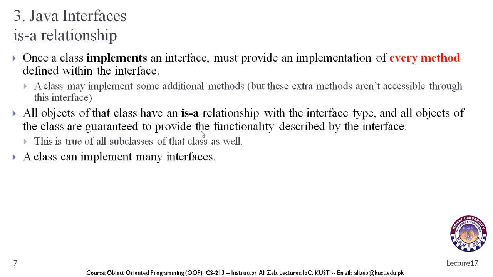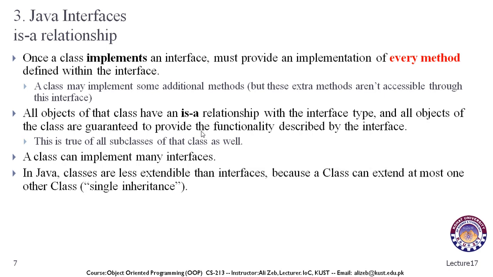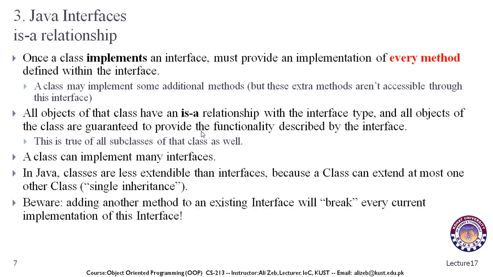But we can implement as many interfaces as we need. In Java, classes are less extendable than interfaces because a class can extend at most one other class. Java allows single inheritance. But there is a catch.